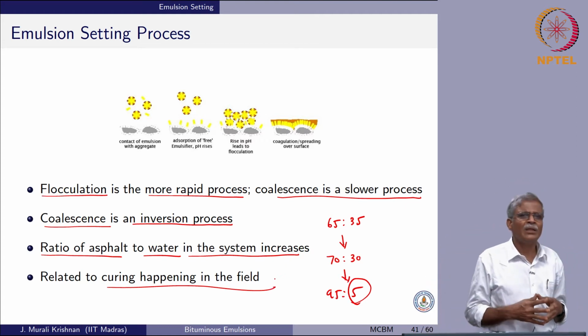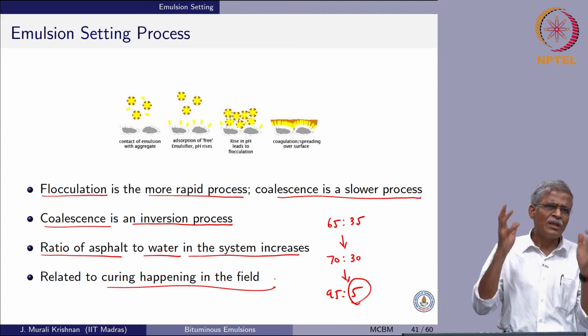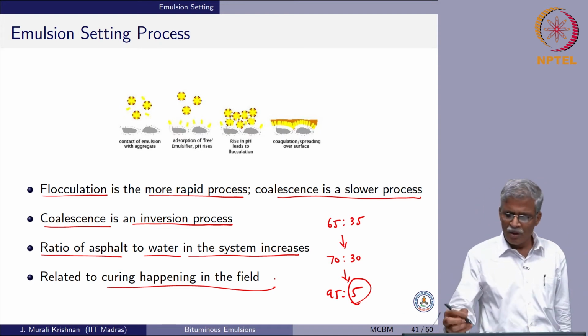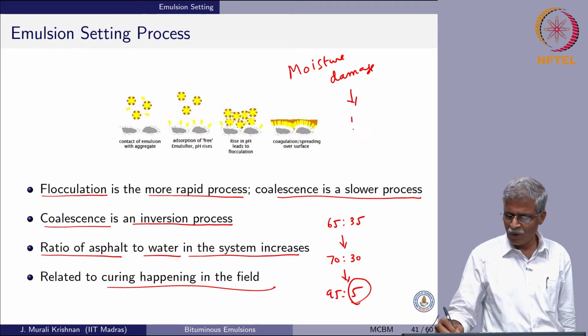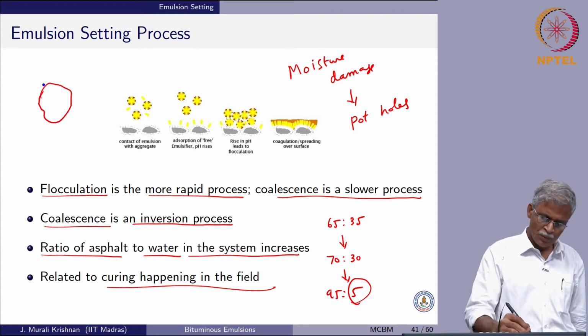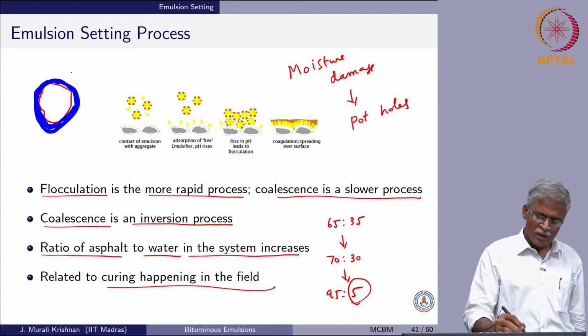And now, there is something interesting that I really want to tell you here. On one side, and this is something that you need to think about carefully, we say, when we talk about moisture damage and the formation of potholes, etc., we have this aggregate, let us say it is coated with asphalt like this, nicely coated with asphalt, and water.